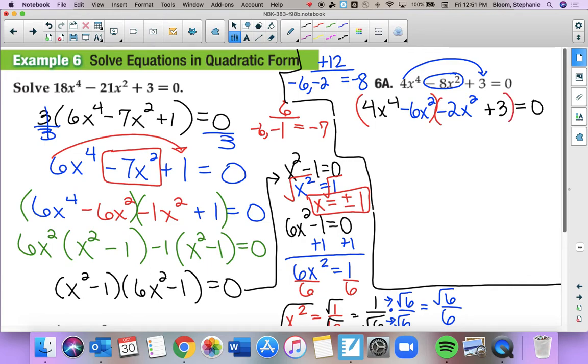What can I take out of the first group? 2x squared. And I would have left 2x minus 3. Everybody agree? What would I take out of the second group? -1.